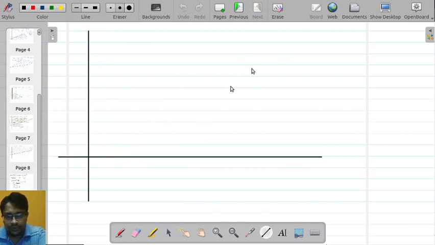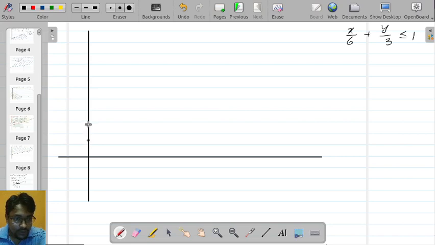Okay, so if we write it, x by 6 plus y by 3 is less than or equal to 1. Okay, so x by 6, say somewhere here, but of course here I have to be careful while marking the things. Say 1, 2, 3, 4, 5, 6, like that.